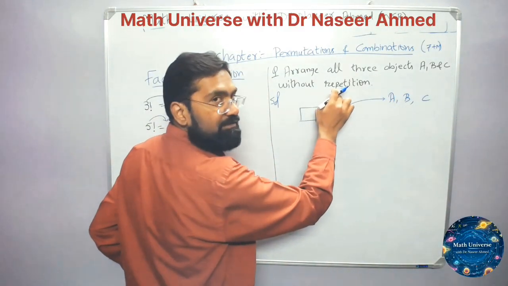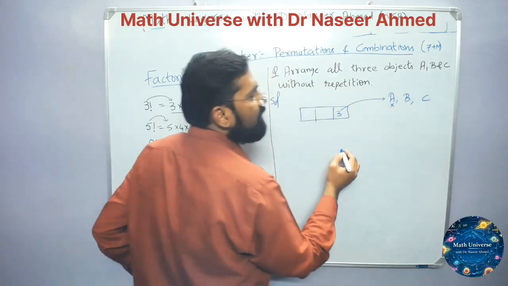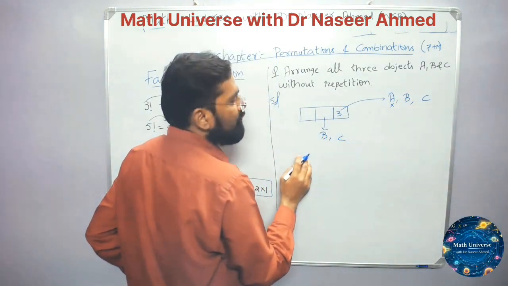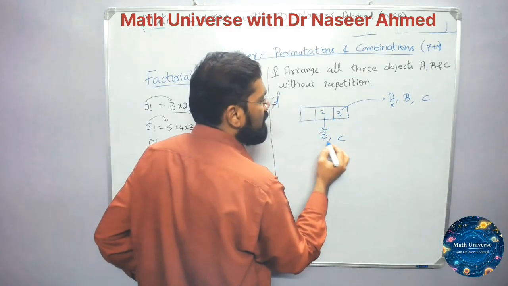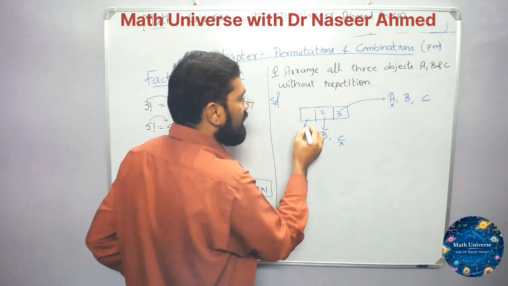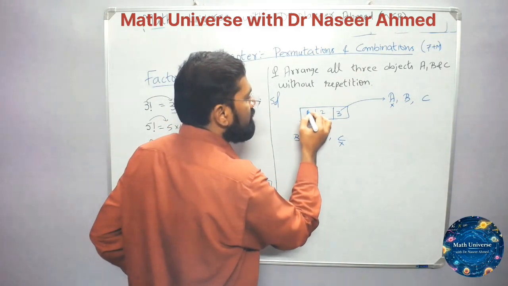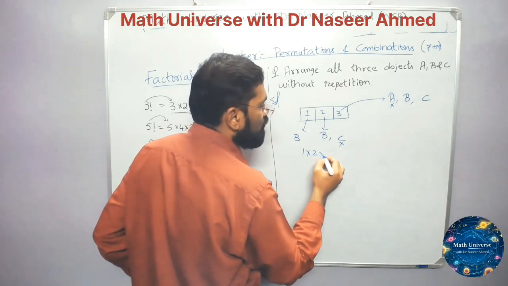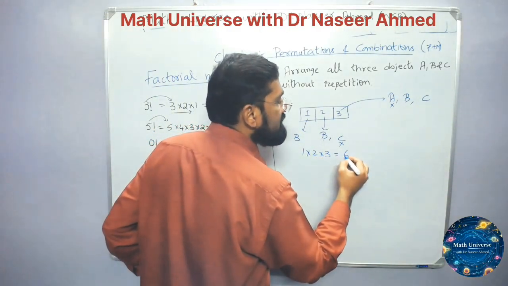And they said without repetition. So let us suppose A is gone here. Then either B or C, so two objects. Let us suppose C is used in that. Now here only one is left, B, so only one object. Now multiply 1 into 2 into 3, nothing but 6 ways.